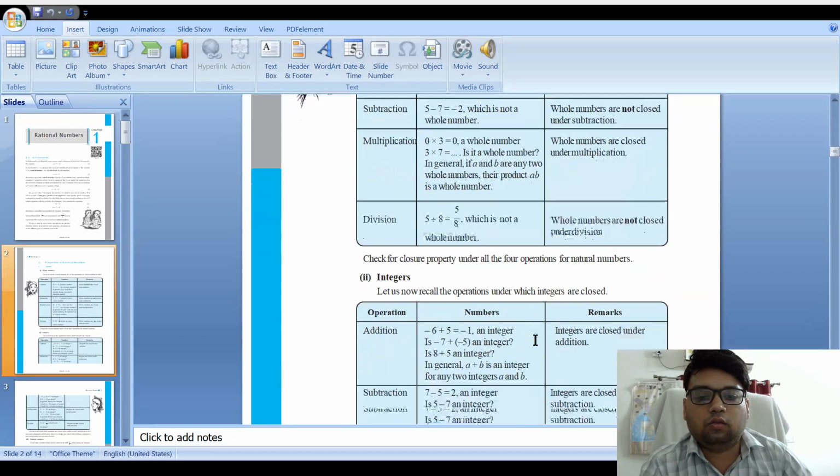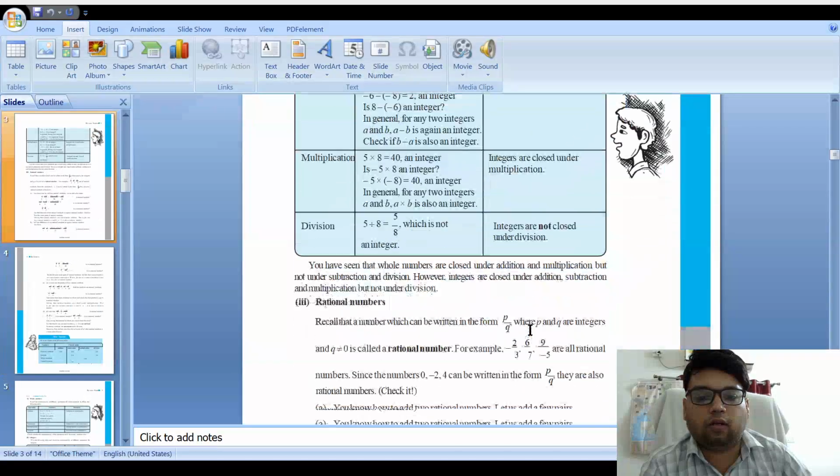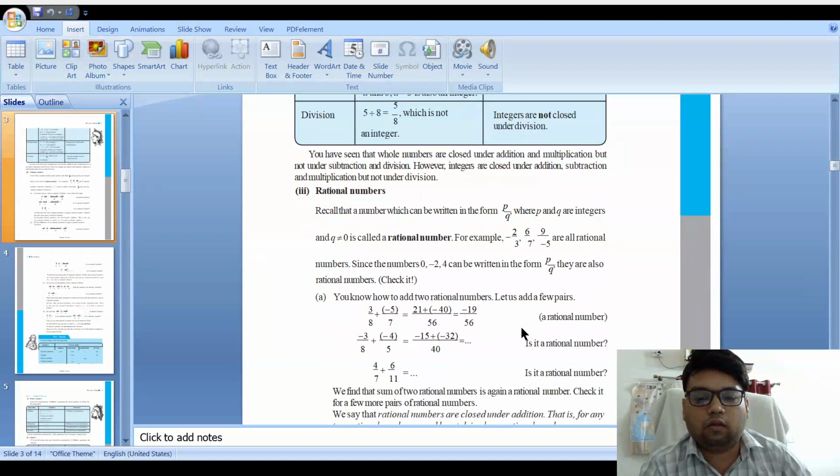So this is proved in the case of rational numbers also by giving examples. I will teach you in pen and paper format, then you will better understand what I am trying to say.